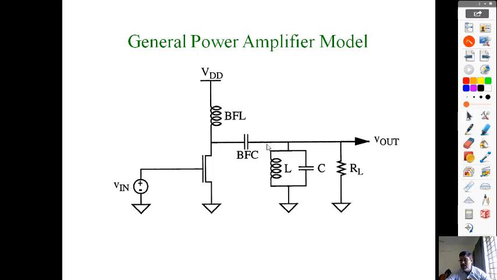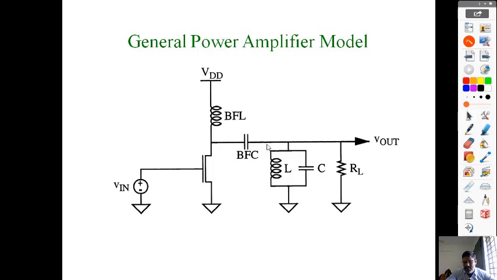When we move the Q point from the middle of the DC load line towards the cutoff region, then the amplifier will be classified as class C, D, E, F and so forth.